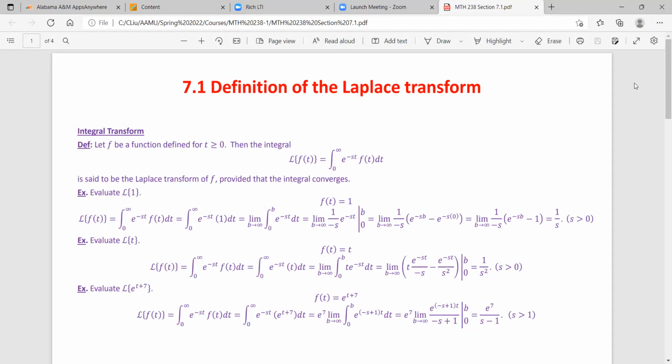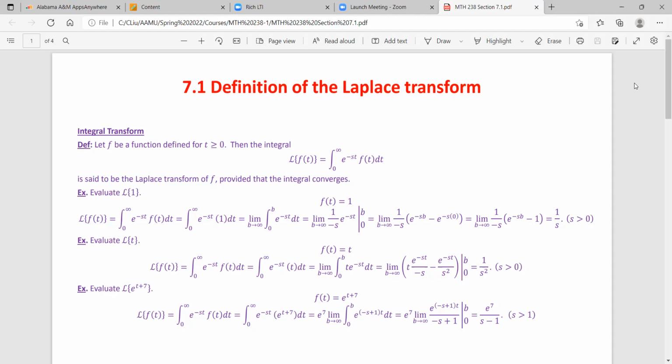By using the Laplace Transform, we will be able to convert a differential equation into a normal algebraic equation. We can convert the first order linear differential equation, for example, into a linear equation. We can convert the second order differential equation into a quadratic equation and so on.